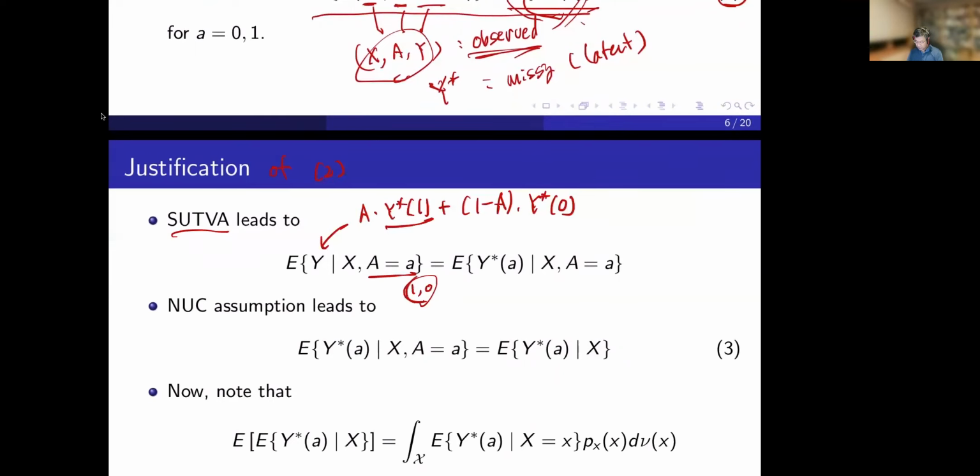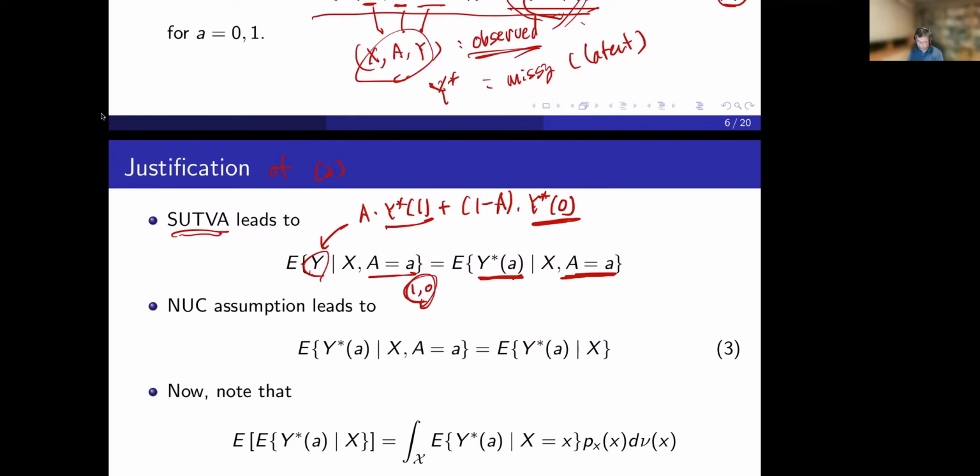If A equals 0, then you observe Y star 0. So basically, Y leads to Y star A, conditional on A equal to small a, you get this. That is the implication of SUTVA.